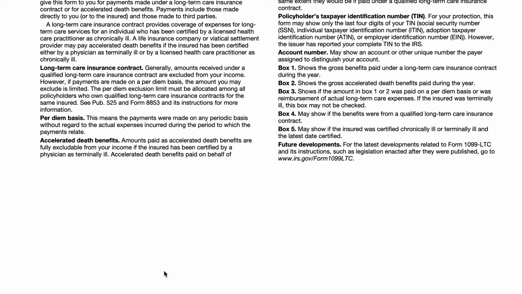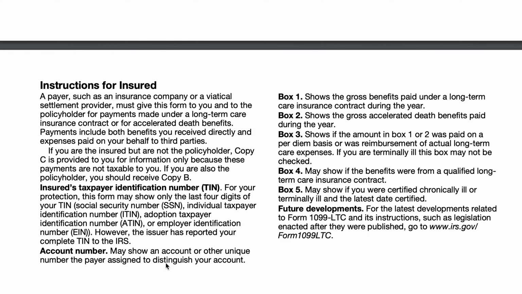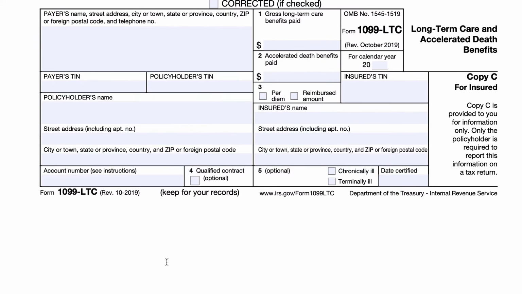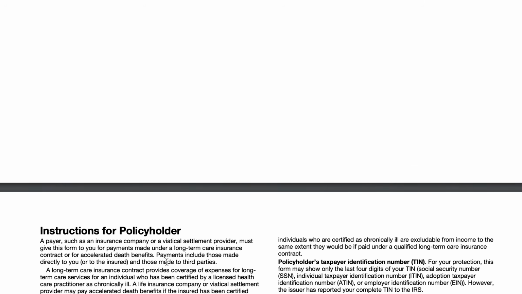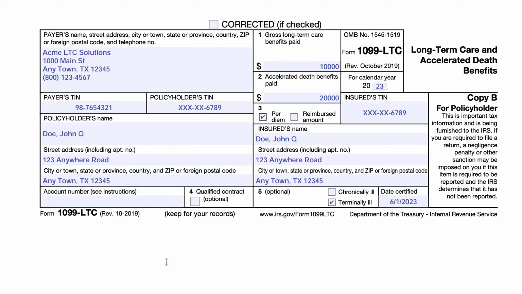So you may find instructions for you as the policyholder, and if you receive this form as the insured, you may find different instructions for the insured. Generally, the insured recipient is only receiving this for informational purposes.